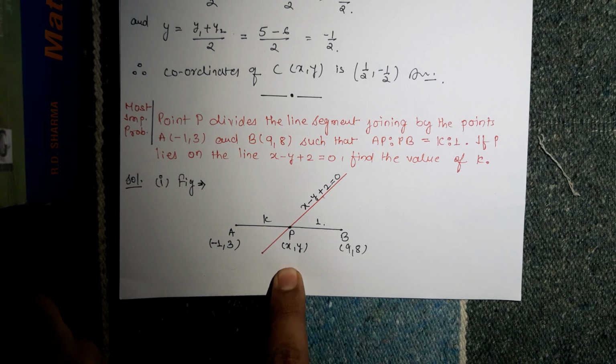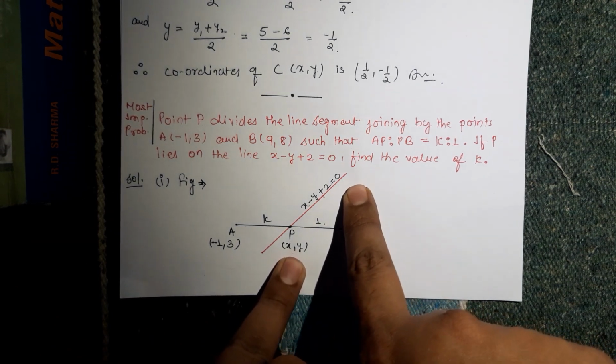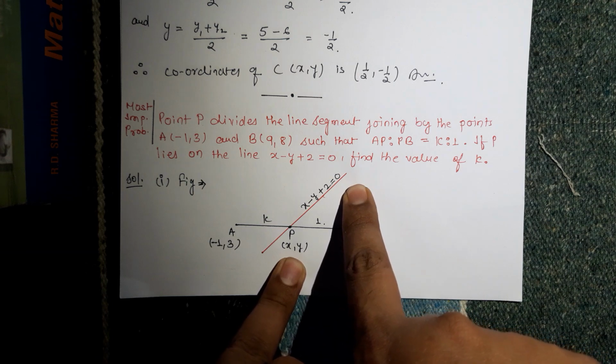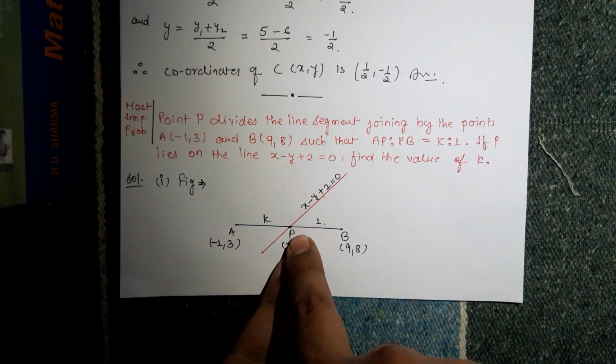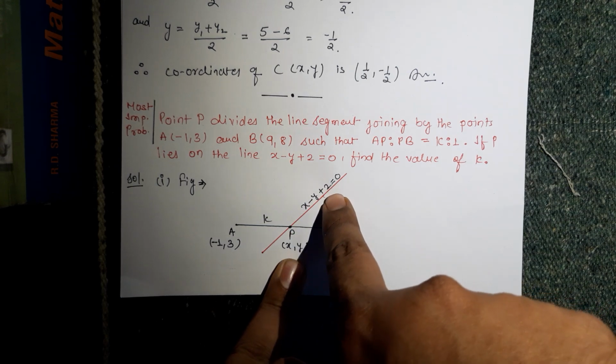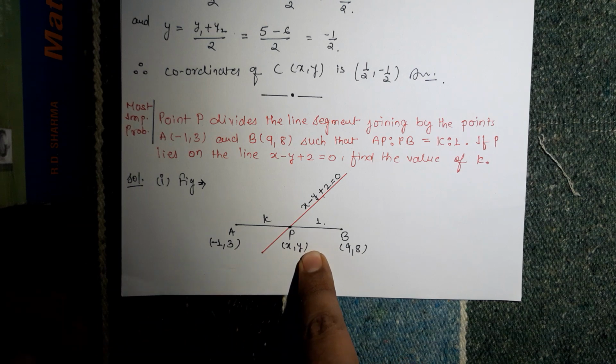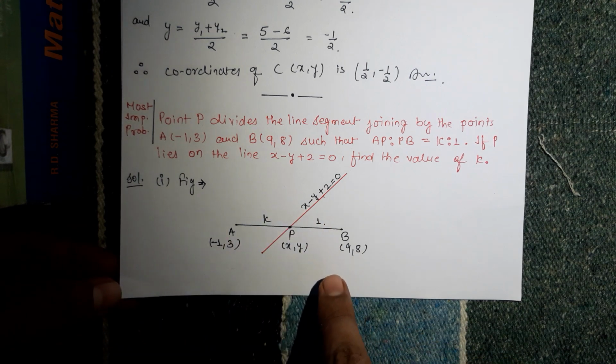Instead, we will be given the equation of a line which passes through that point P. With the help of this line, we need to find first the coordinates x, y, and second the value of k. Fine.